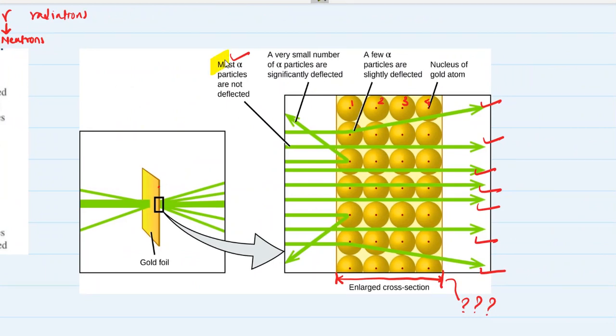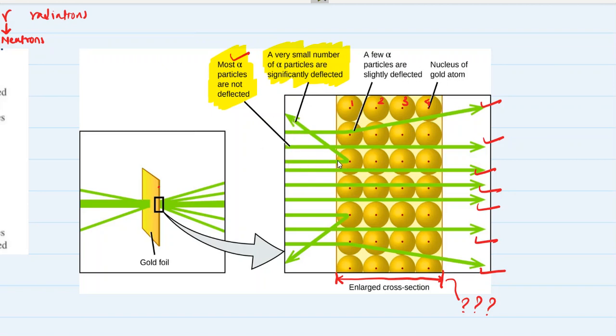Next observation, please be very attentive over here, because these are crucial observations on the basis of which we are going to find out how the atom is structured. The next observation was that a very small number of alpha particles are significantly deflected. So do you see these alpha particles?